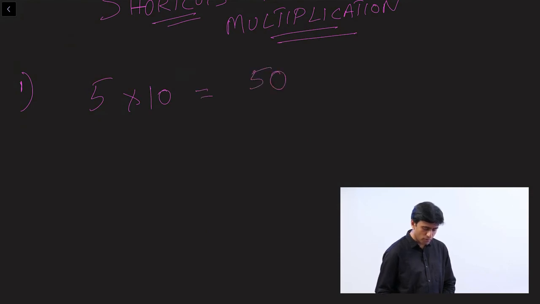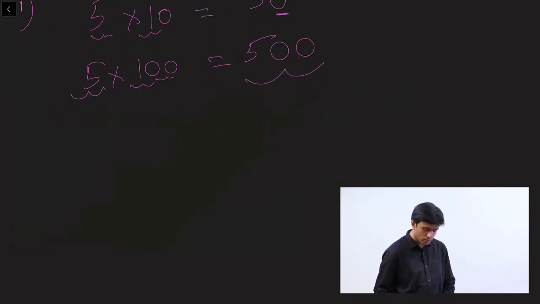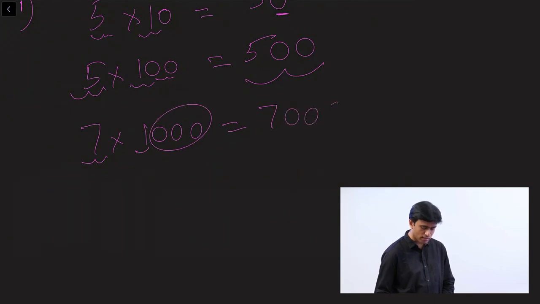You just have to do 5 into 1 and add 0. How about 5 into 100? You just have to do 5 into 1 is 5 and just write the remaining 2 zeros, 500. Try this. 7 into 1000. You do 7 into 1 is 7 and just put the 3 zeros, 7000. Easy, right?